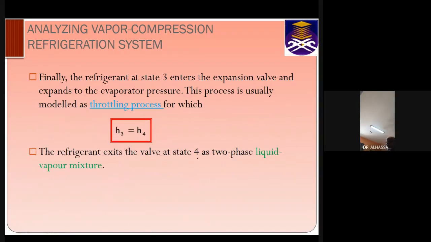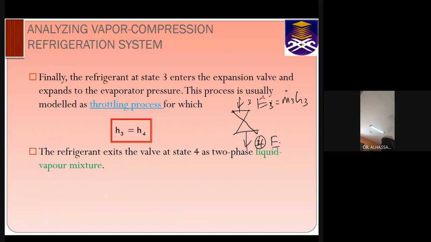So next is the throttle valve. So in the throttle valve, you see, this is the throttle valve, the expansion valve. The fluid enters the throttle valve. This is state 3, and then it exits. Again, this is state 4. You understand? So here we have energy in, E3 equals M3H3.